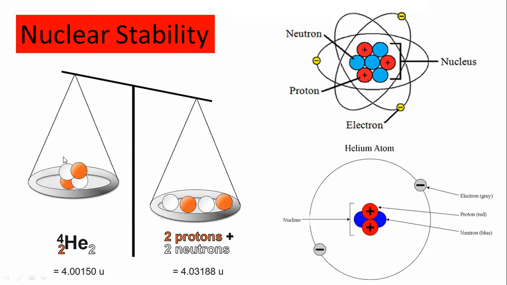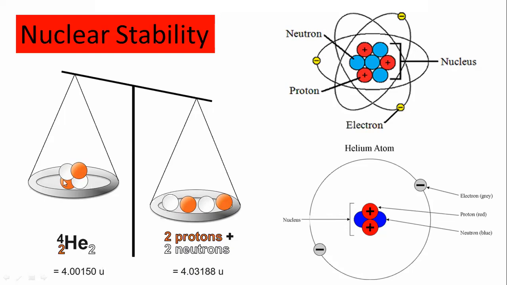Here I am weighing the helium nucleus, which has a mass of 4.00150 unified atomic mass units, and this helium is composed of 2 protons and 2 neutrons. The mass calculated here is 4.03188 unified atomic mass units.